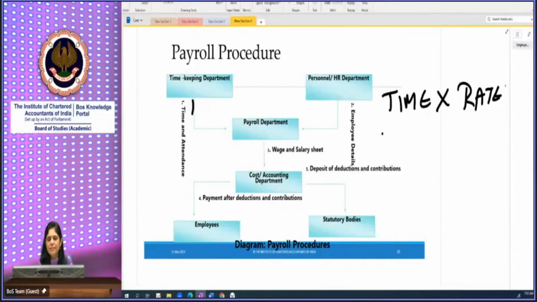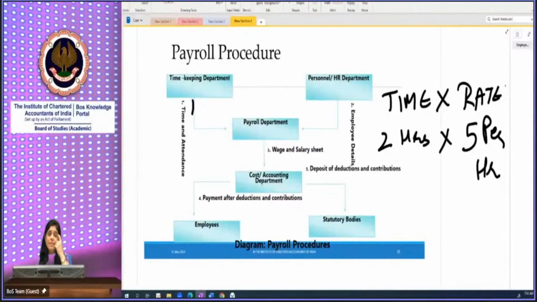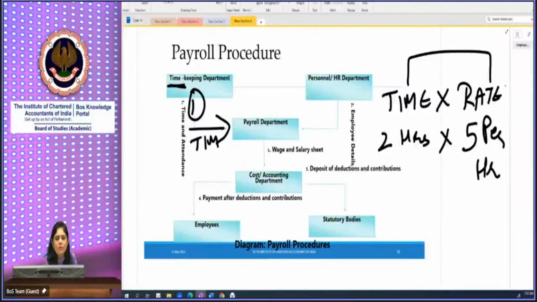For example, 2 hours into 5 rupees per hour. So for calculating the salary, you require the time and you require the rate of salary or the wages. That exactly happens here. The first step is the timekeeping department will give the time to the payroll department.